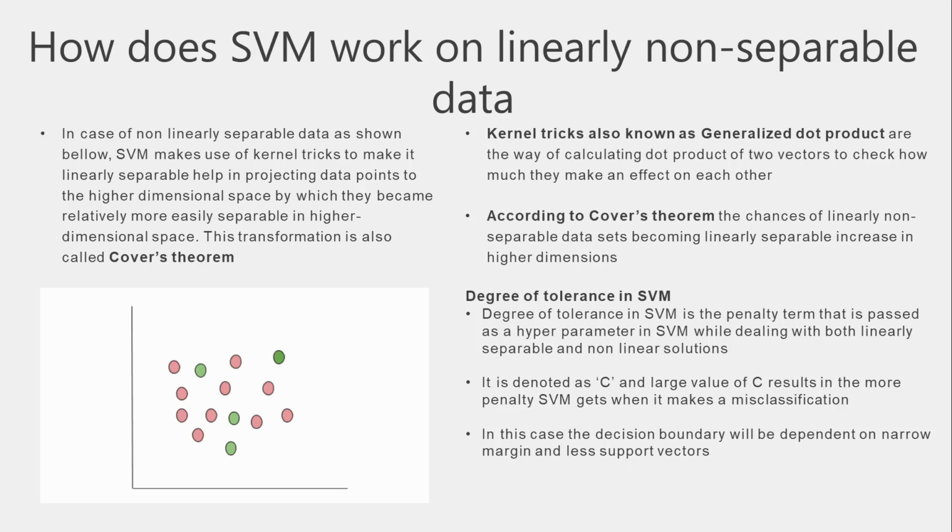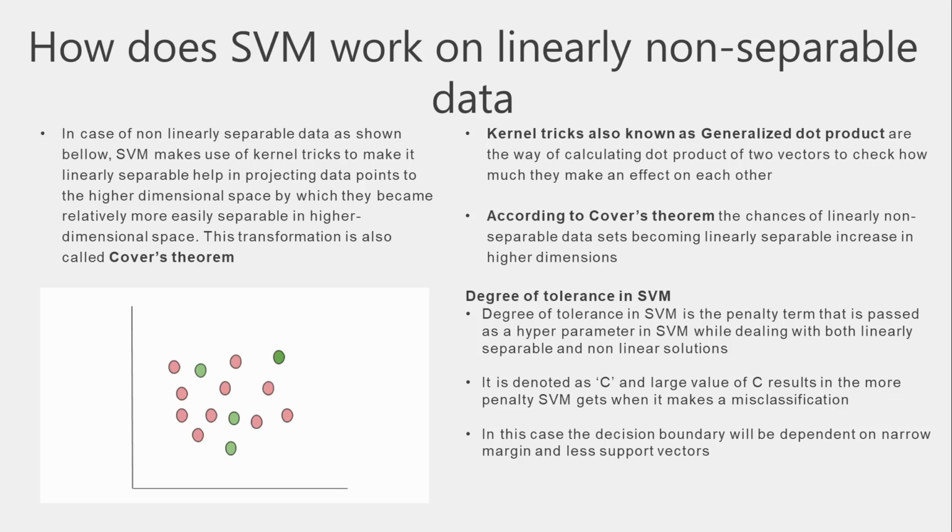This transformation is also called Cover's theorem, and the kernel tricks are also known as generalized dot product, which is a way of calculating a dot product of two vectors to check how much they impact each other. According to Cover's theorem, the chances of linearly non-separable datasets becoming linearly separable increase in higher dimensions.